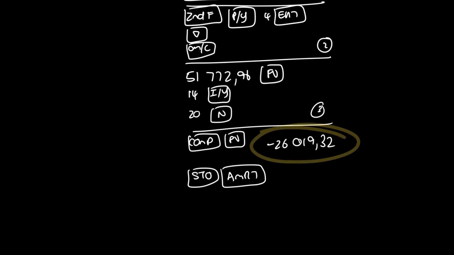So just a reminder, when we store it like this, in this recipe, the way that we approached it, it is stored as a negative value. And that's going to have implications when we recall it from our calculator. Okay, so now we have stored that value in our variable A on our calculator.